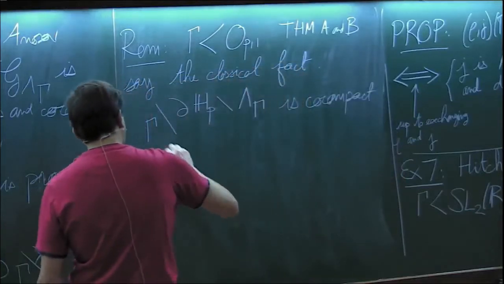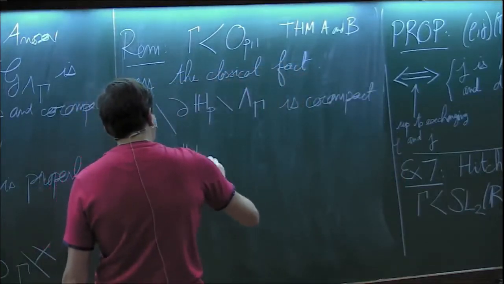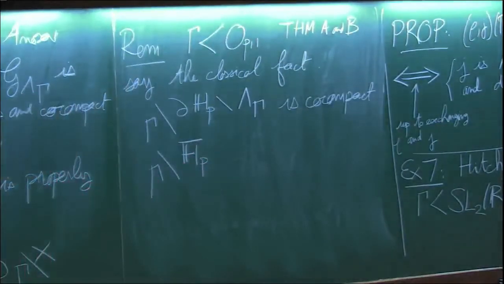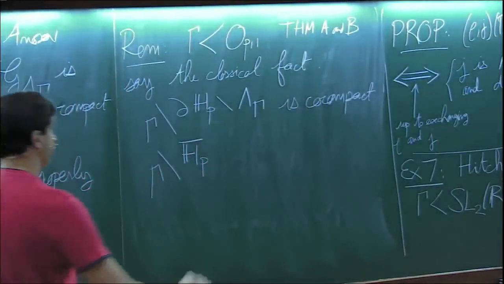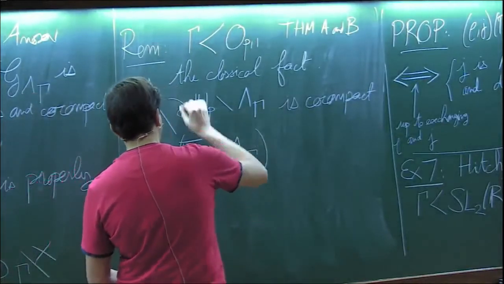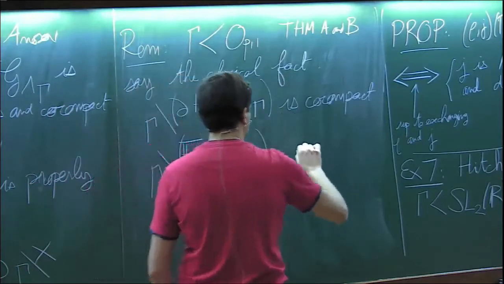And in fact the quotient of the compactification, the visual compactification of the hyperbolic plane, when I remove the limit set, maybe it's really better to put parentheses here, is also compact.